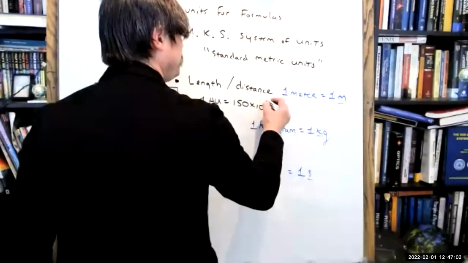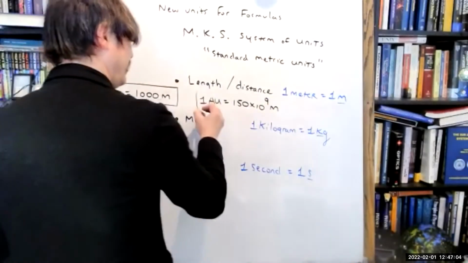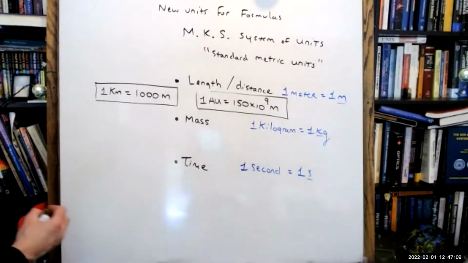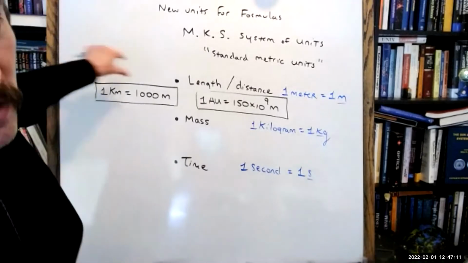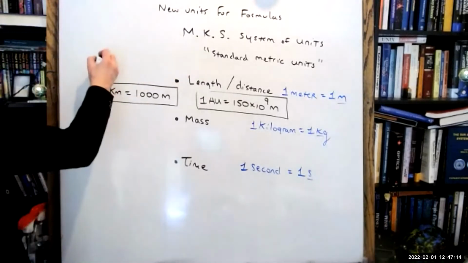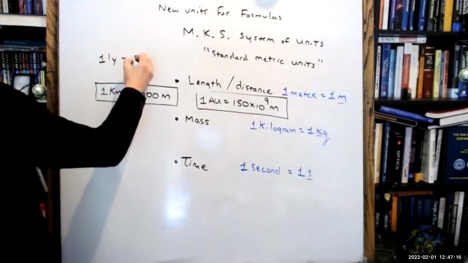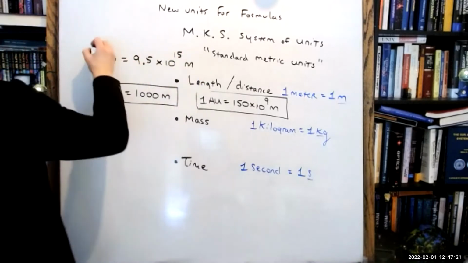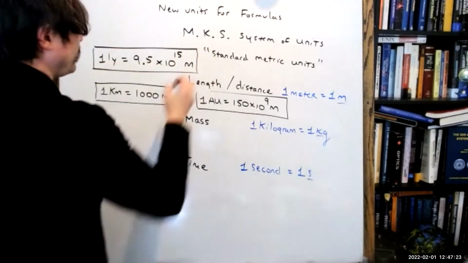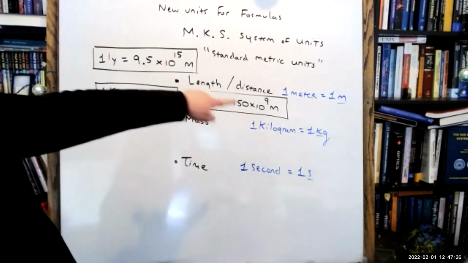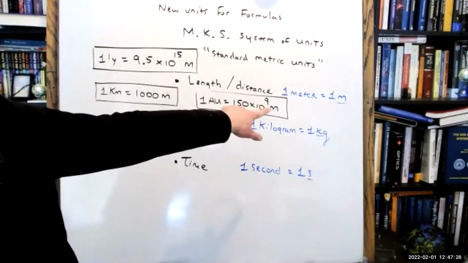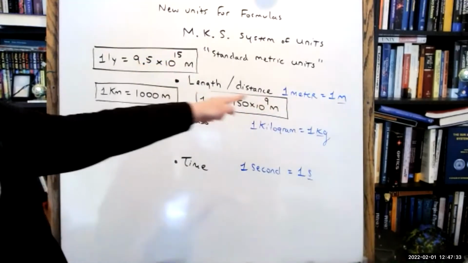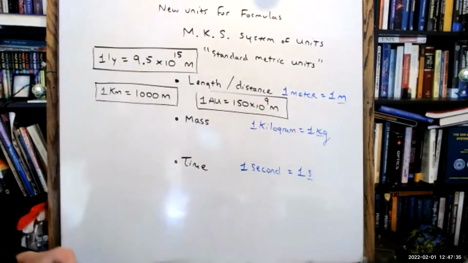If we convert that to meters, it's 150 billion meters. The other one is a light year, 9.5 times 10 to the 15 meters. These are slightly different than the conversion factors that I gave you before. Before I gave you an AU in terms of kilometers, and a light year in terms of kilometers, but I figured since we're talking meters, maybe those will be helpful for you in the future.